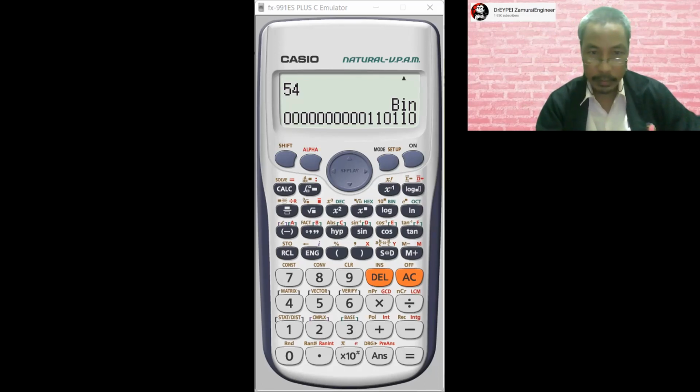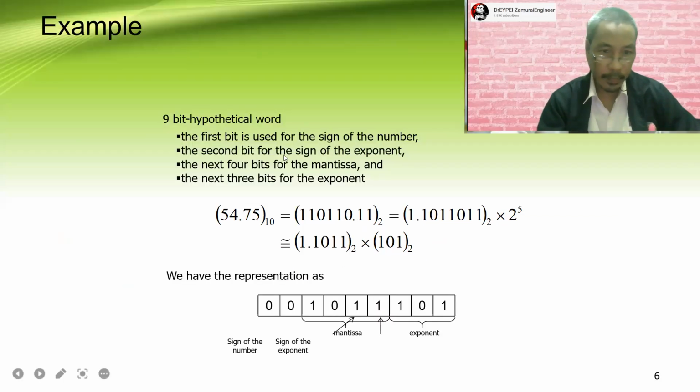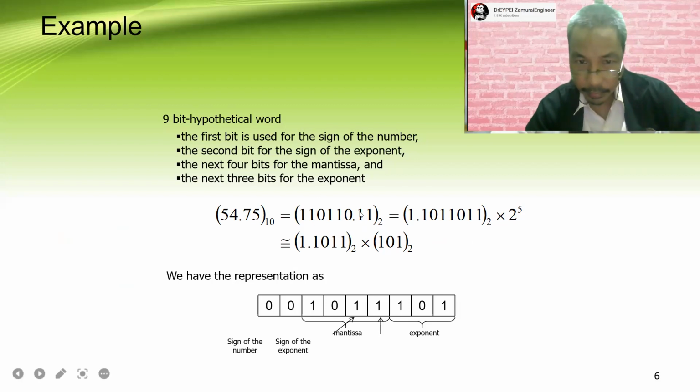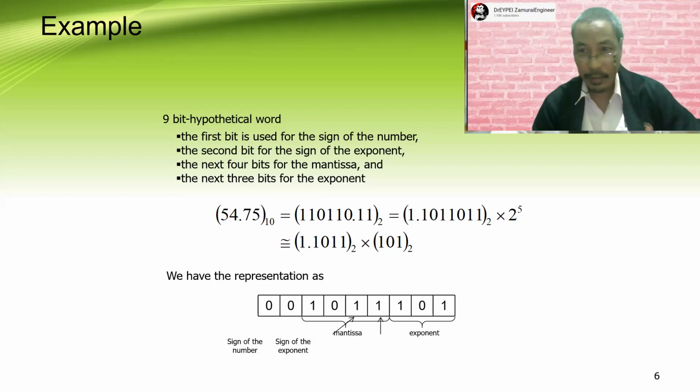Okay, let us go back to our take note. What happened? 110,110, then 11. So we are correct.